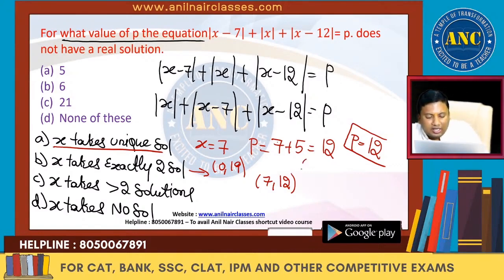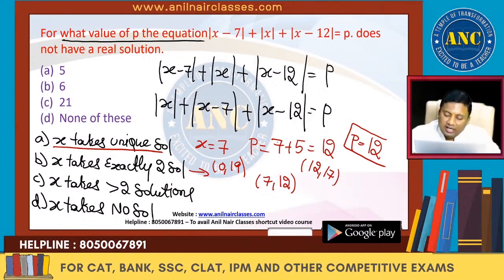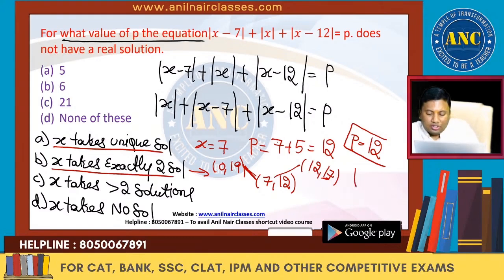Here also it is 12. 12 plus 12 minus 7, 5. 12 plus 5, it is 17. 12 comma 17. Think logically. Here there is a value 17. Here also while going from 7 to 0, 12 to 19, it is moving. It could be at a decimal value also, it is possible. Here one value, here one value. So the answer is X takes exactly 2 solutions.